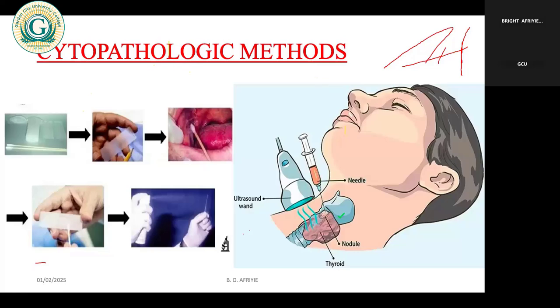And when there are also discharges or swellings within the mouth of people, a swab stick can be used to take some cells and the discharge from there. A smear can be prepared, and then a monolayer smear can be prepared. When it is prepared, we put it in a fixative, or we spray what we call cytospray.